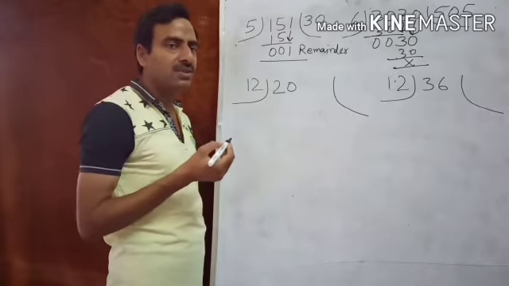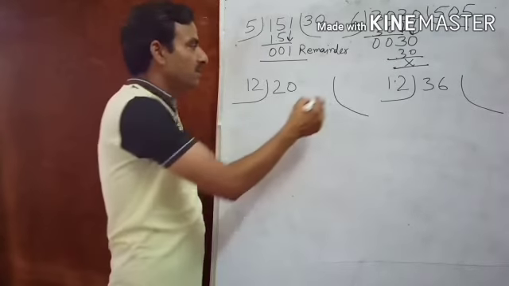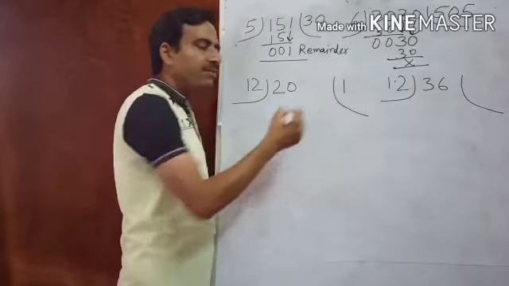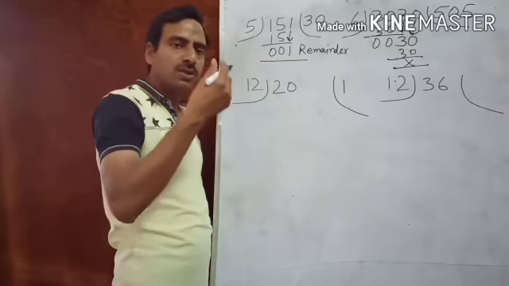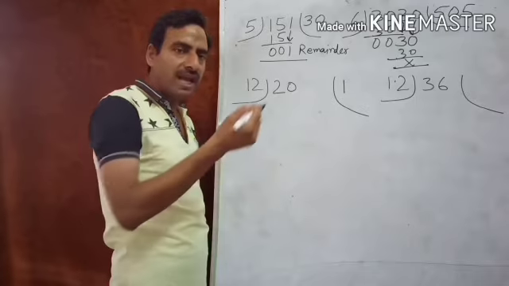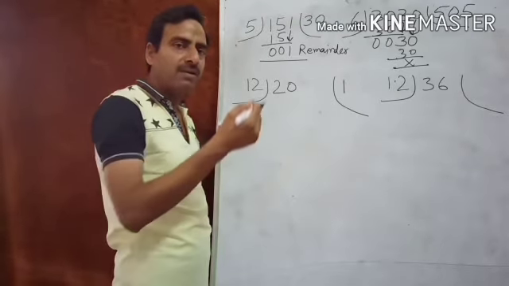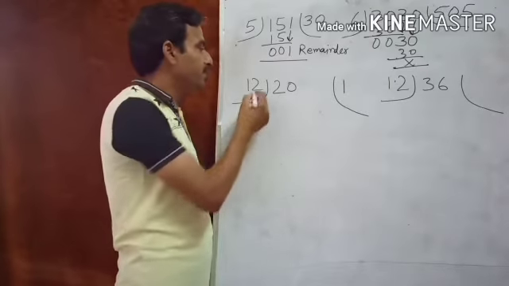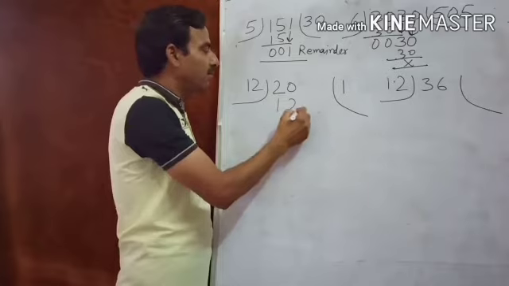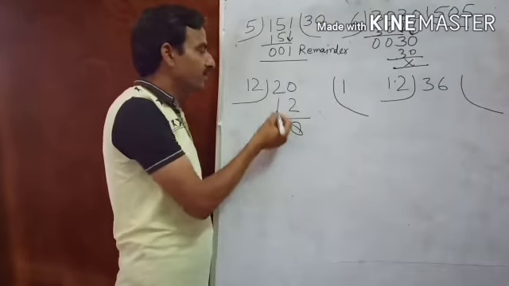It has gone just more than 20 at 2 times. So we go back 1. It means it will be divided 1 time. 12 1 is 12. Then subtract it, 8. 1.